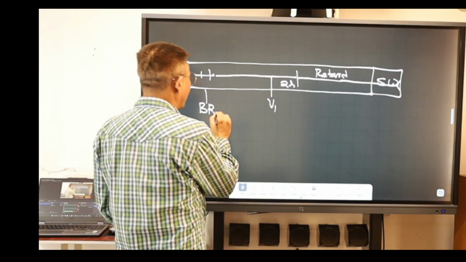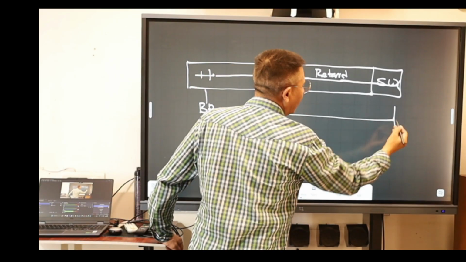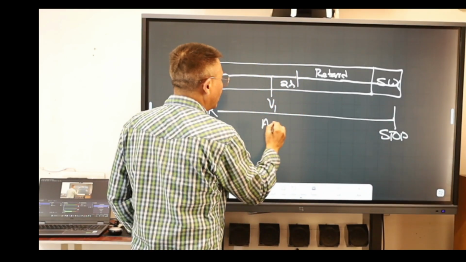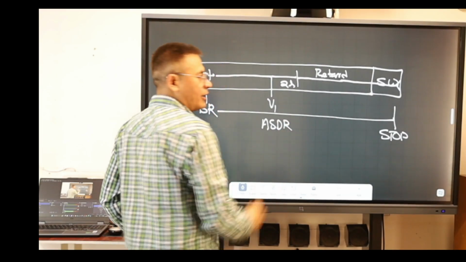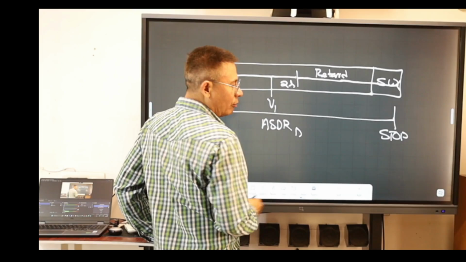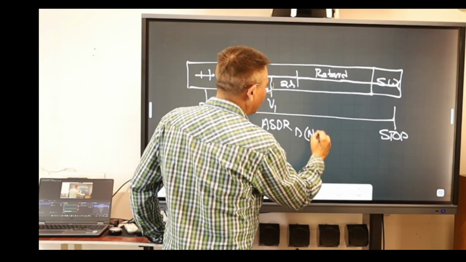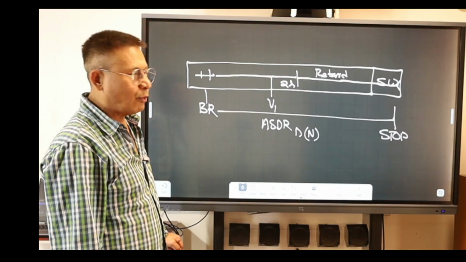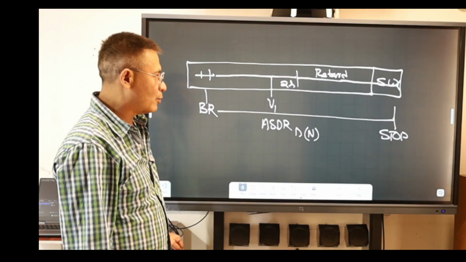This distance from the brake release till the time the aircraft comes to a complete stop is the ASDR, acceleration stop distance required on a dry runway with all engines operational. All engines operational is generally written as N, and with one engine failure is written as N minus 1.